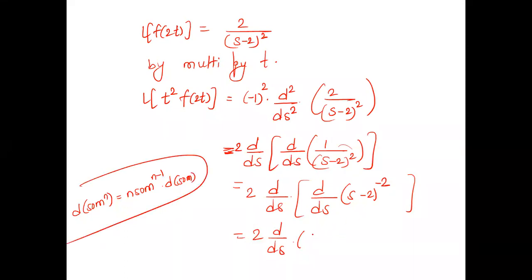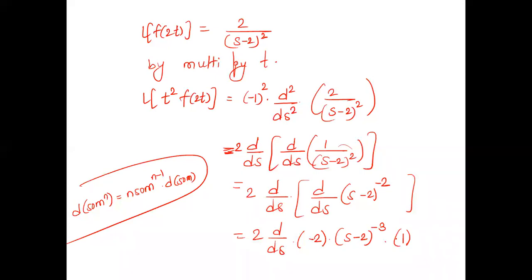Okay, so we are using it here. N into something raised to n minus 1, minus 2 minus 1, minus 3, into derivative of that something. What is the derivative? Derivative of s is 1, derivative of minus 2 is 0.